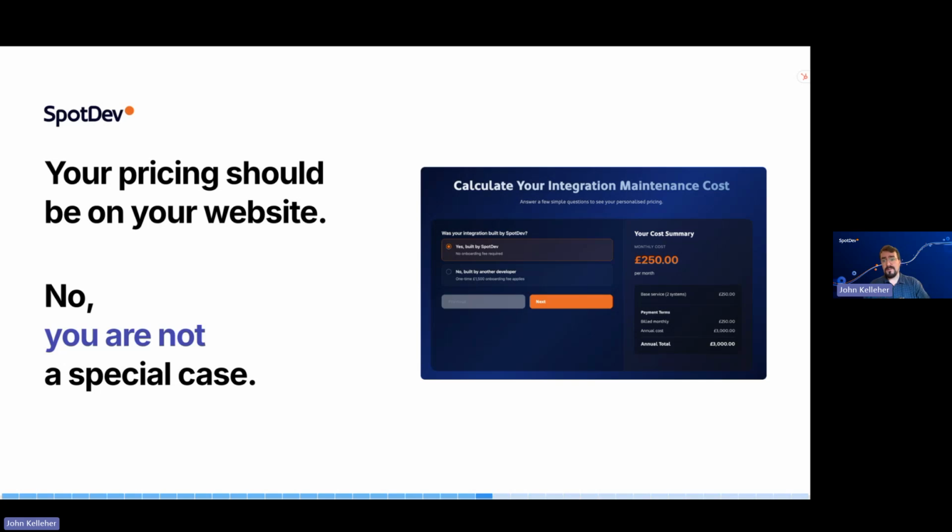So many times when I recommend this to people, they tell me how they're a special case because their pricing is far too complex to put on the website. Or if we put our pricing on our website, then all of our competitors will find out what it is. Or if we put our pricing on our website, then we'll scare people away. So let's address those.